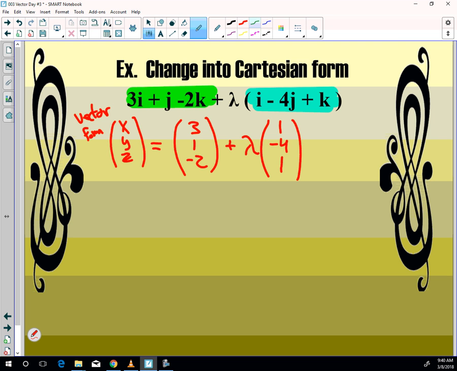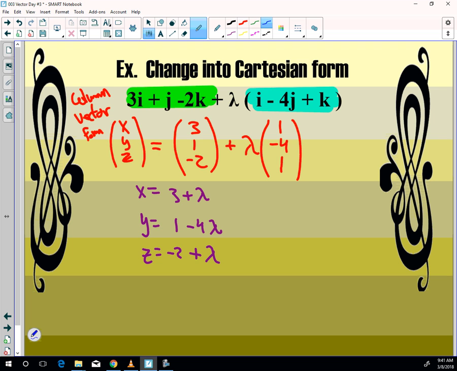This is the column vector form, would be more accurate. So just moving across, x equal to 3 plus lambda, y equal to 1 minus 4 lambda, and then z equal negative 2 plus lambda.